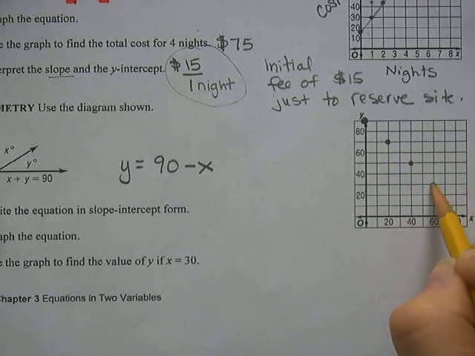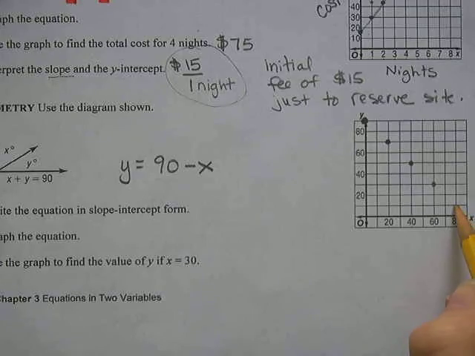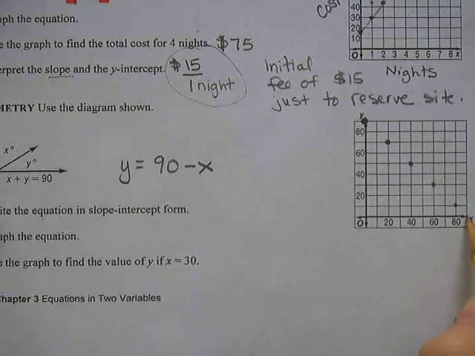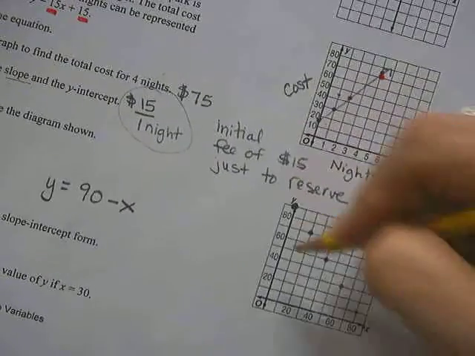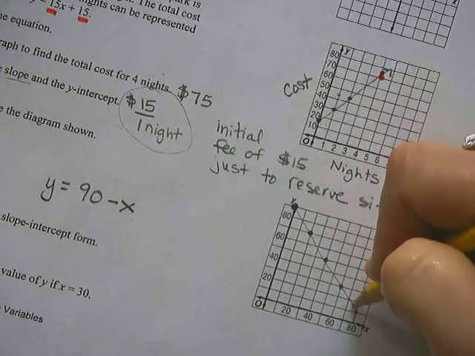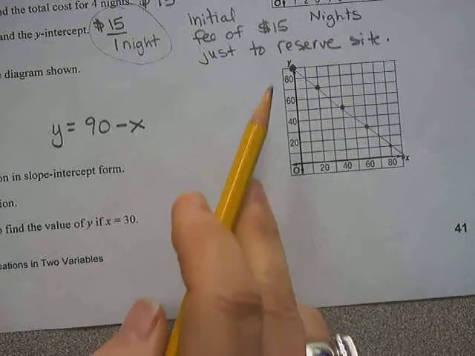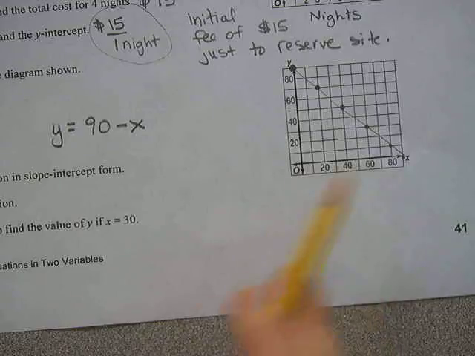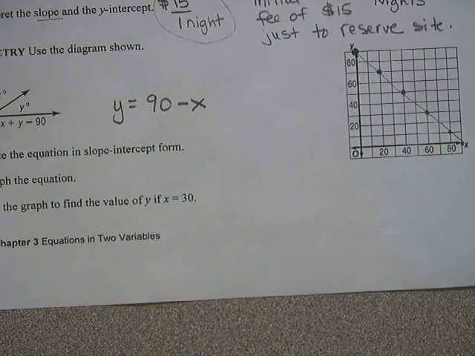So down 20 over 20, down 20 over 20. And you notice that we hit down here at 0, 90. A slope of -1 verifies or looks like the graph. We're slanting downward.